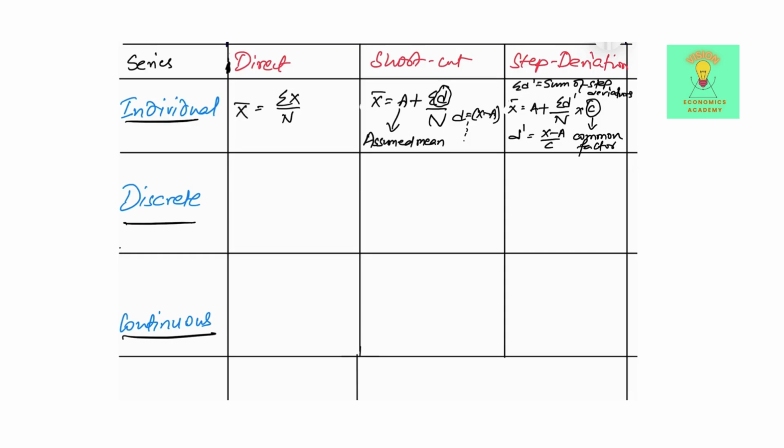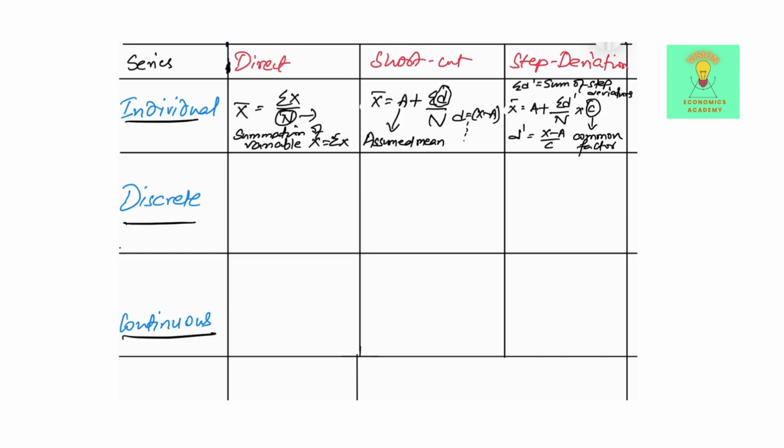So what you need to know is individual series direct method. The formula is simple, that is summation x by n. Summation x is nothing but the summation of values of the variable x, and n is the number of observations.